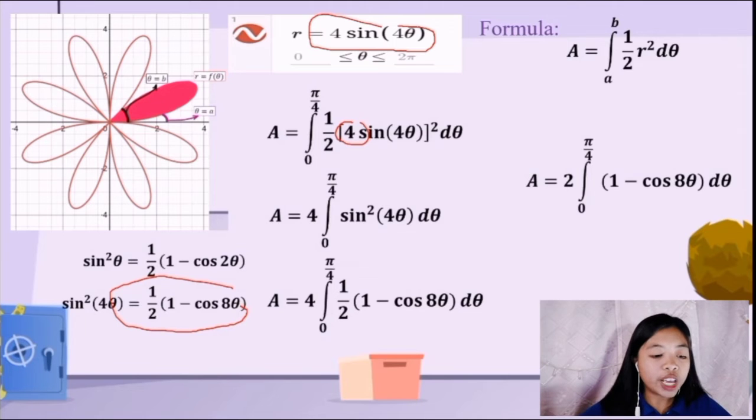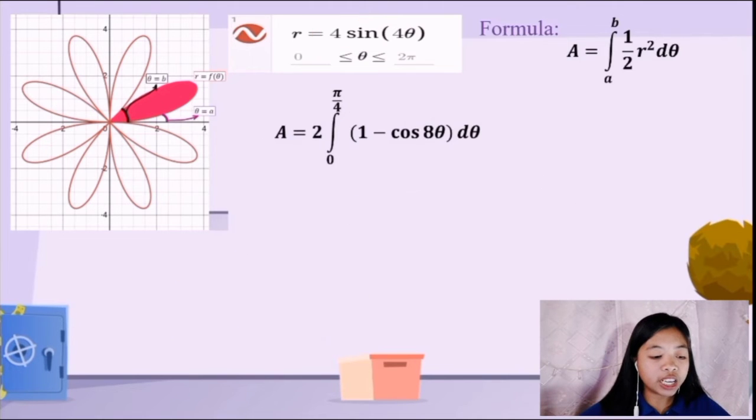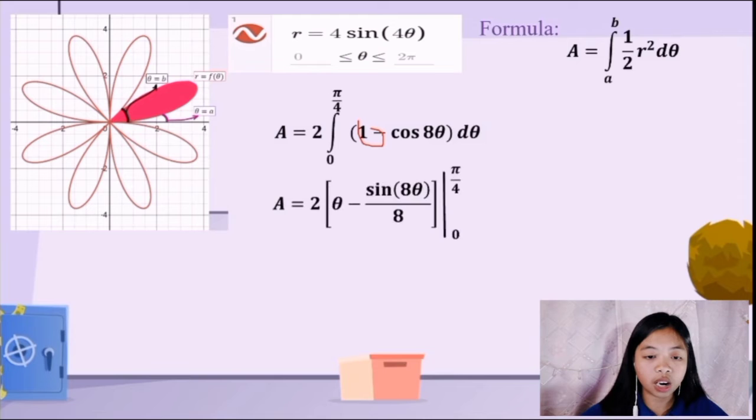Now, we are in a position to take the integral of this expression. The antiderivative of 1 d theta is simply theta. And the antiderivative of cosine is sine. And the antiderivative of cosine 8 theta is sine 8 theta over 8. So here is our equation.